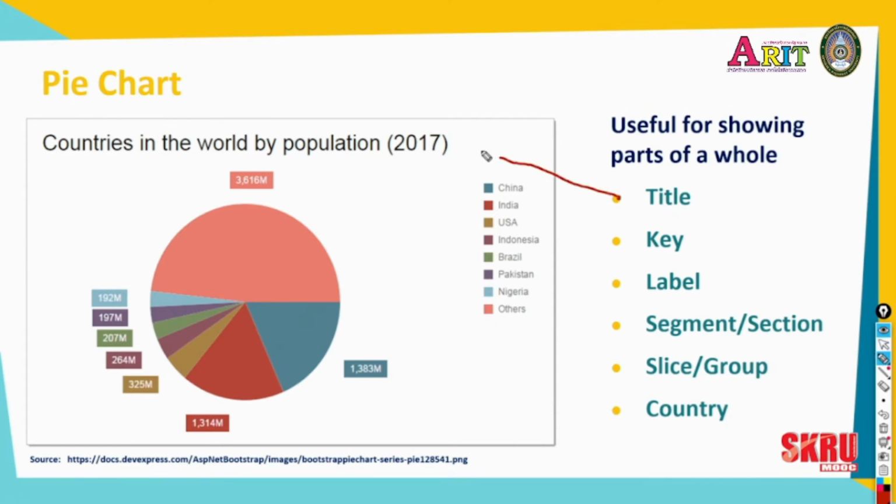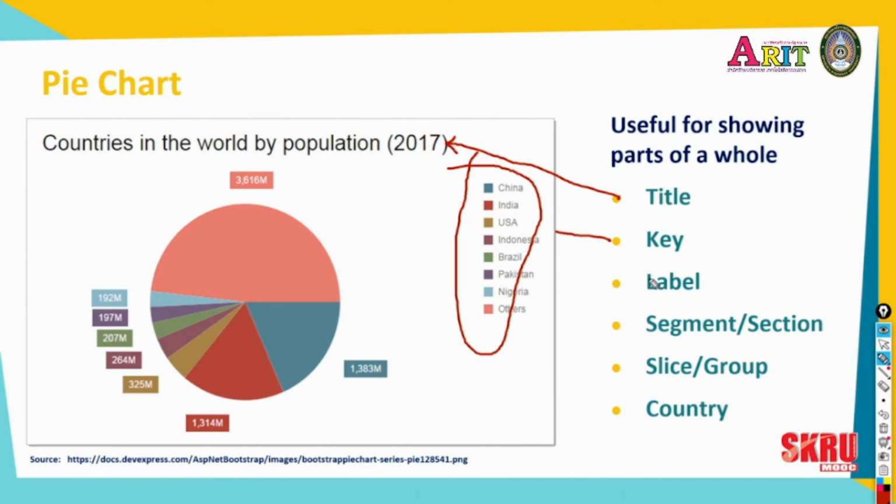Here we have the title of the chart at the top, as you would expect, countries in the world by population 2017. Key, the same as for our line graph, usually on the side. It could be in other places like at the bottom, but it gives you an idea of what each segment represents, in this case by colour.